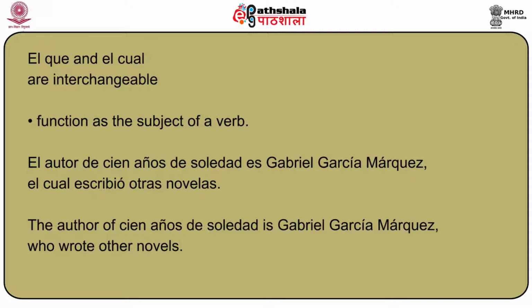They can be translated as that, which, who and whom in English. So, whenever we want to use that, which, who and whom in English, we use either el que, los que, la que and las que, or el cual, los cuales, la cual and las cuales.